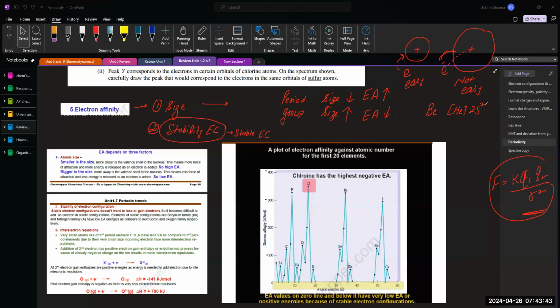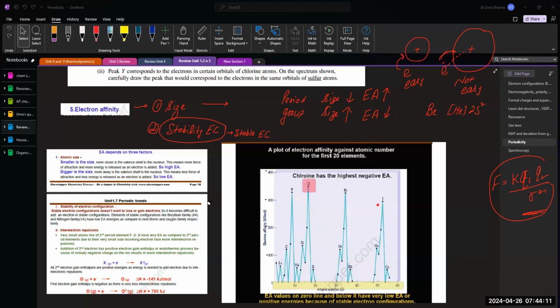It's a stable configuration. Electron affinity will be nearly zero. You're getting it, children? Now I'm going to show you in this graph. But I have to discuss one more exceptional trend. And that exceptional trend is this one. After that is regular. Okay.